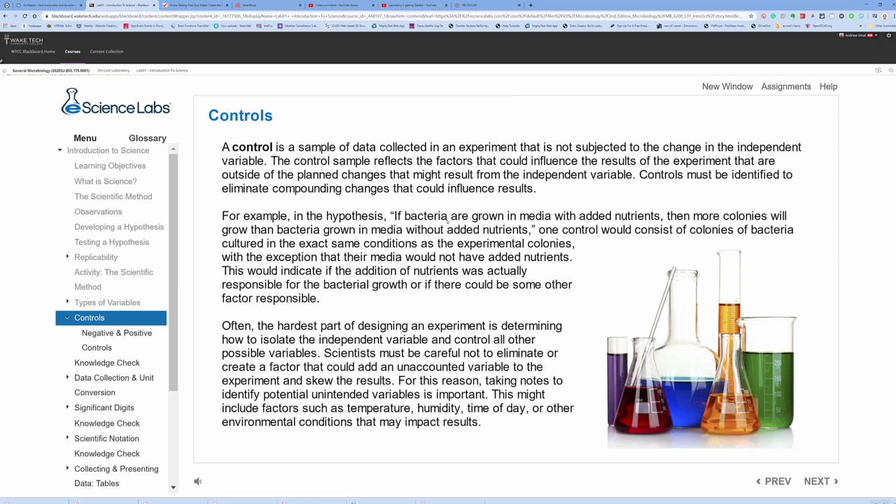So for example, if bacteria are grown in media with added nutrients, then more colonies will grow than bacteria grown in media without added nutrients. One control would consist of colonies of bacteria cultured in the same exact conditions as the experimental colonies, with the exception that their media would not have added nutrients. That's a great control. Then you can kind of see the contribution with or without those additives.